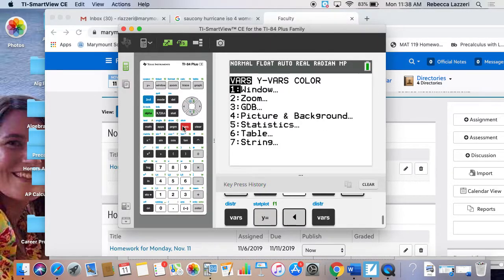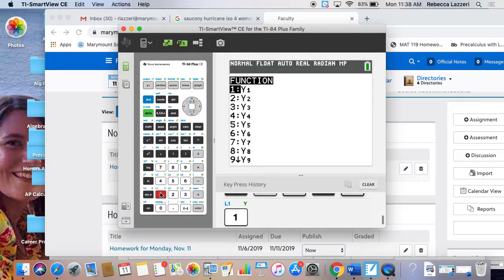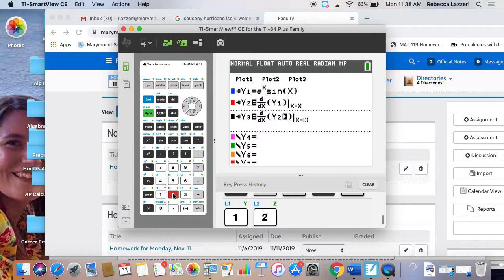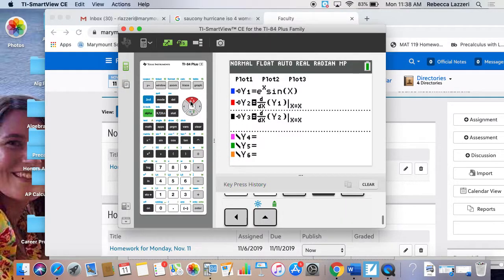Okay, so vars, y vars function, and I think I want it of what's in y2. And so that would be my second derivative in terms of every x. All right, so I'm going to turn this one off right now. I don't want my first and second derivatives swimming around on the same thing.